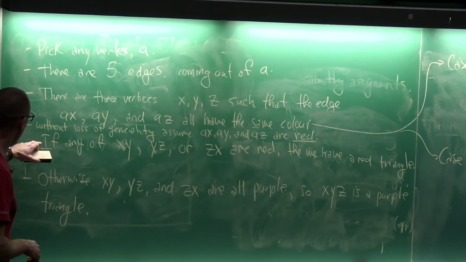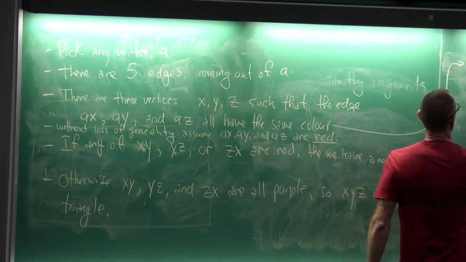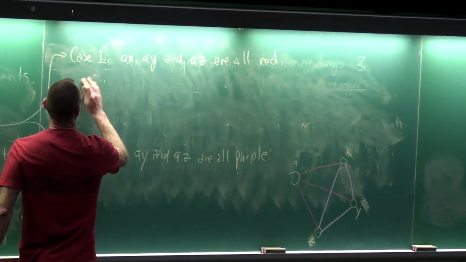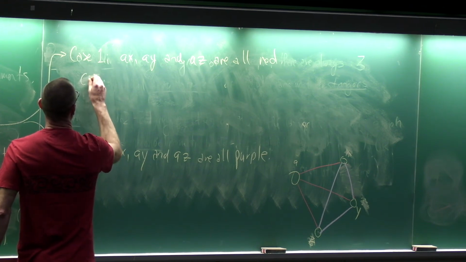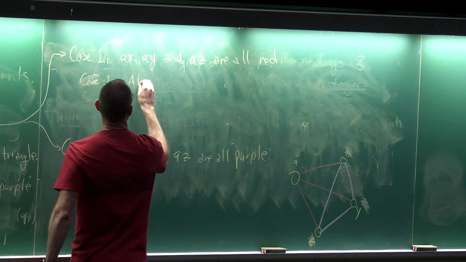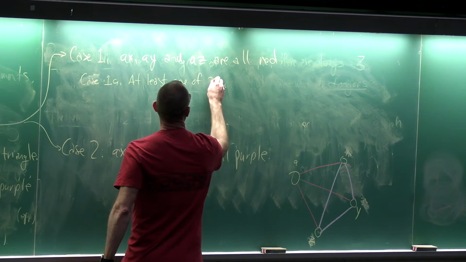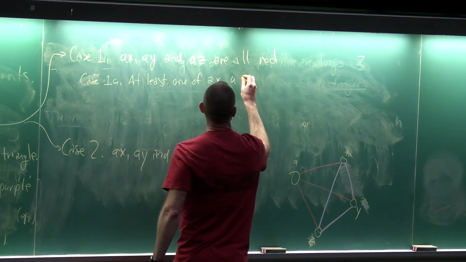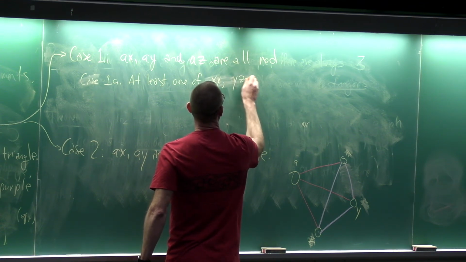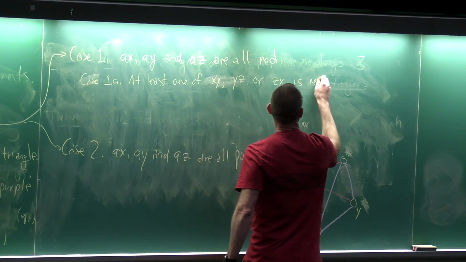And now we can just put this argument in here. Case 1A: at least one of AX, XY, YZ, or ZX is red.